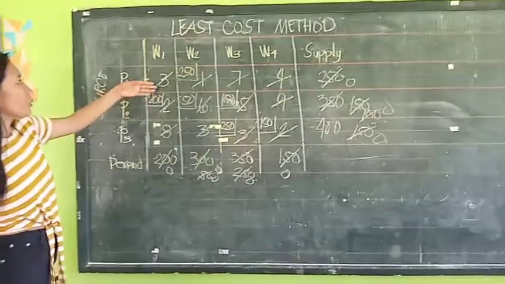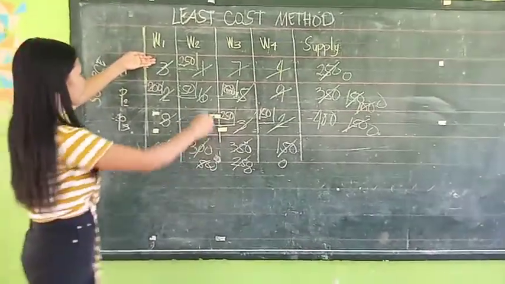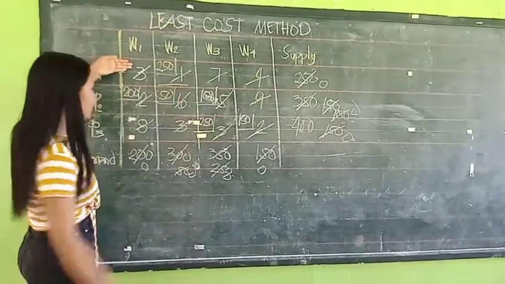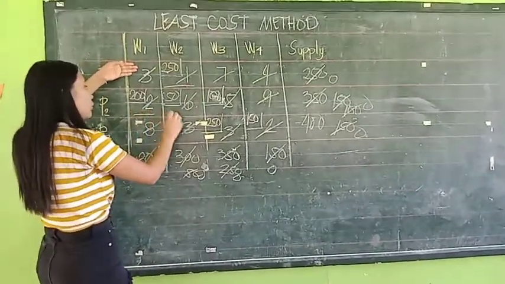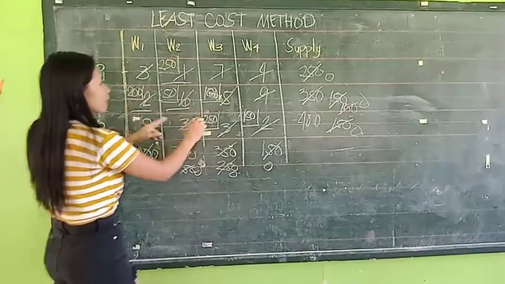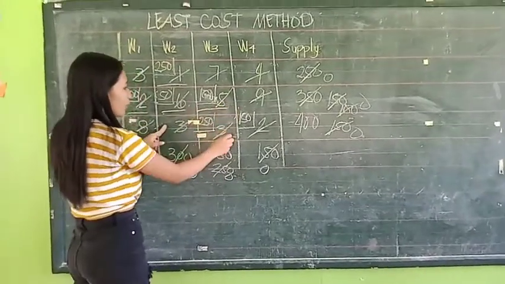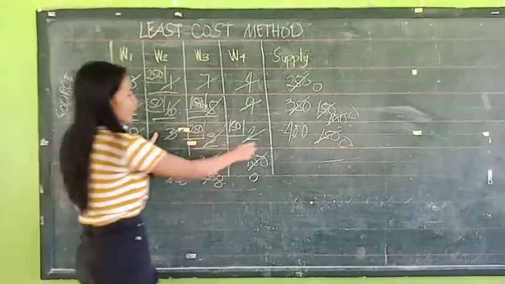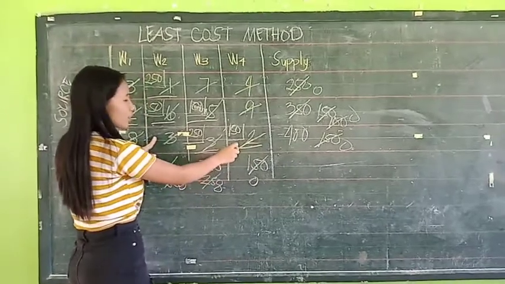We now get the least cost, which is 250 by 1, 200 by 2, 50 by 6, 100 by 5, 250 by 3, and the last is 150 by 2.